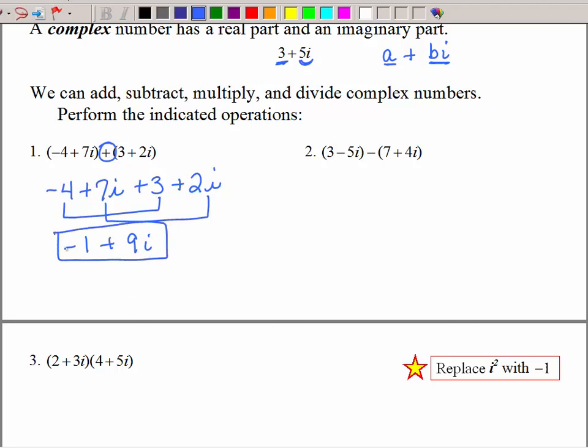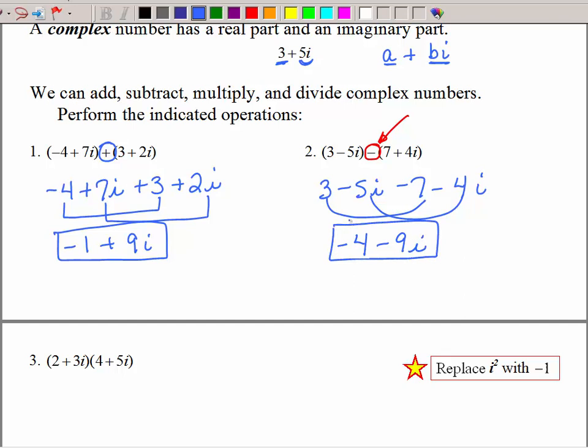That's it. Really, that's it. What makes this difficult is a lot of students just don't see that minus sign, so we want to distribute that. And then again, we're going to collect like terms. So here's the real part, here's the imaginary part. And you're done.